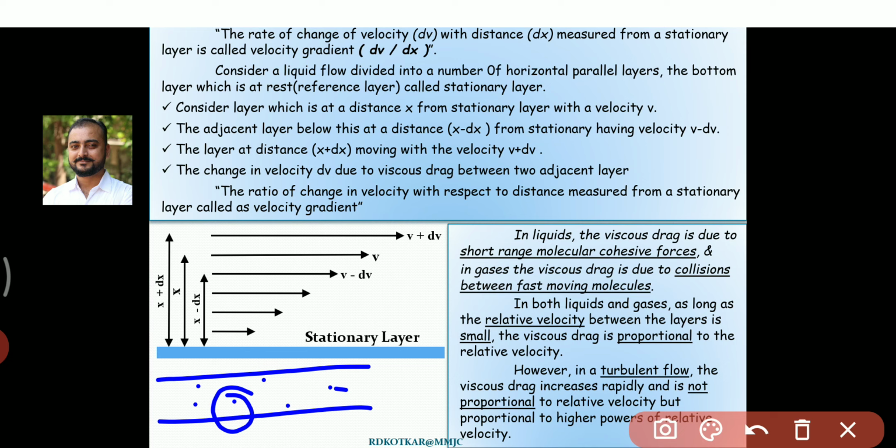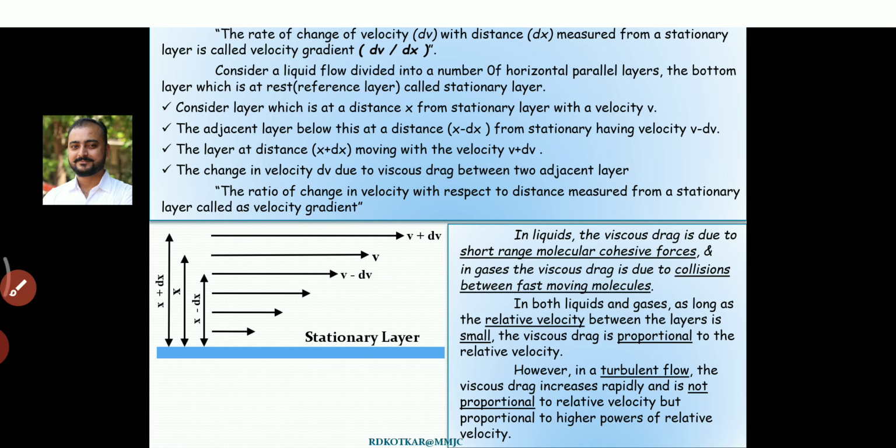So in that case the viscous drag is not proportional to the relative velocity, but to higher powers, it may be the square, cube, fifth power, whatever it may be, of the relative velocity.